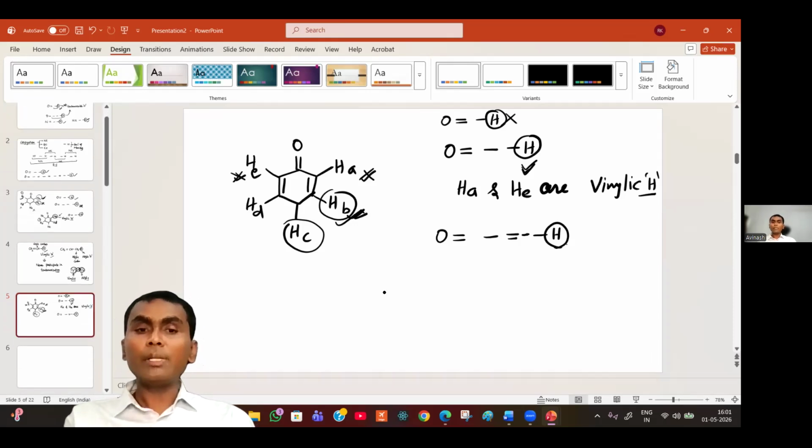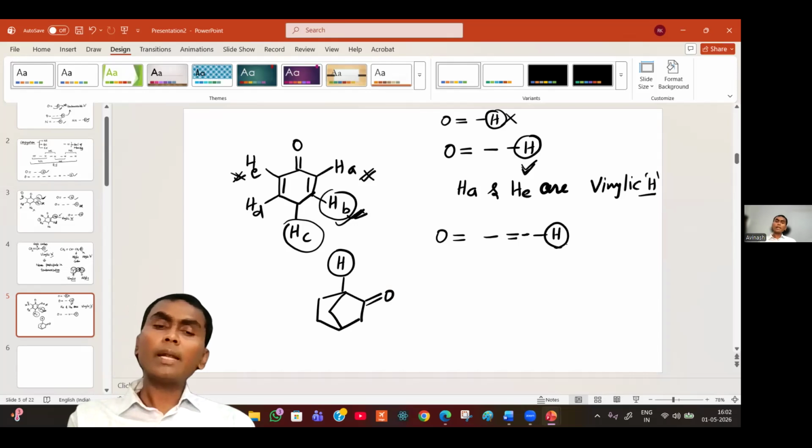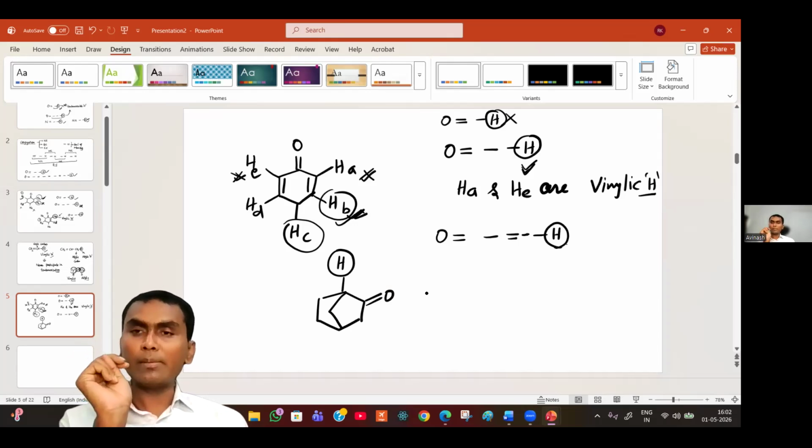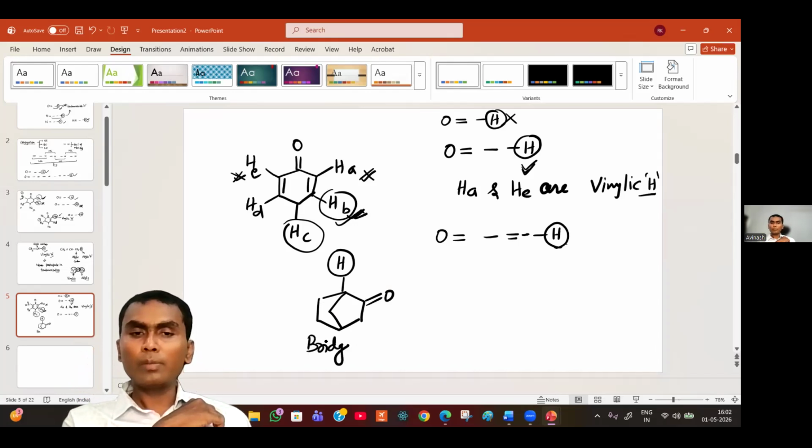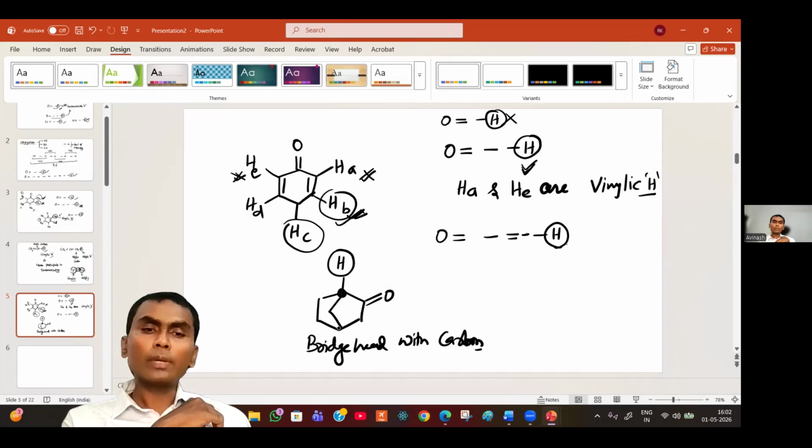Another is like a bridgehead. This one. Bridgehead is of two types: bridgehead without carbon and bridgehead with carbon. This one we will consider here is bridgehead with carbon. Suppose these are banks of a river, and this is a bridge.